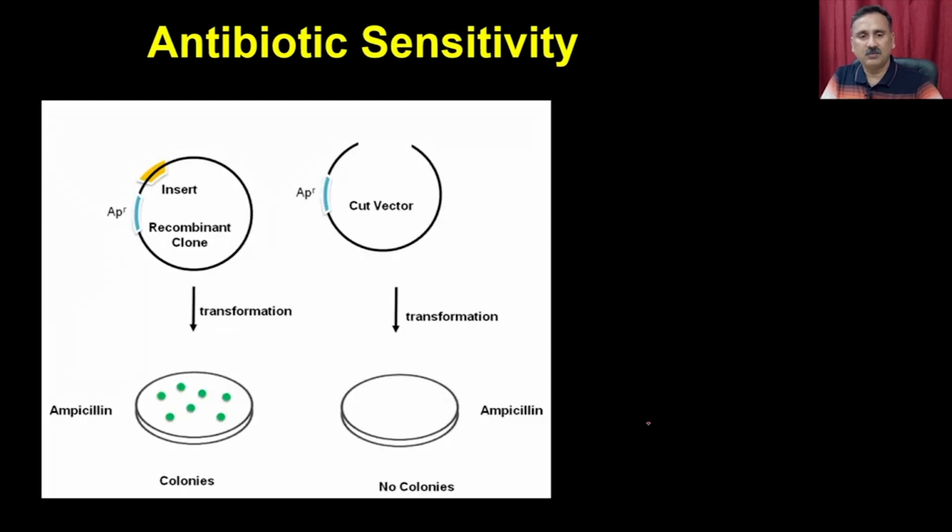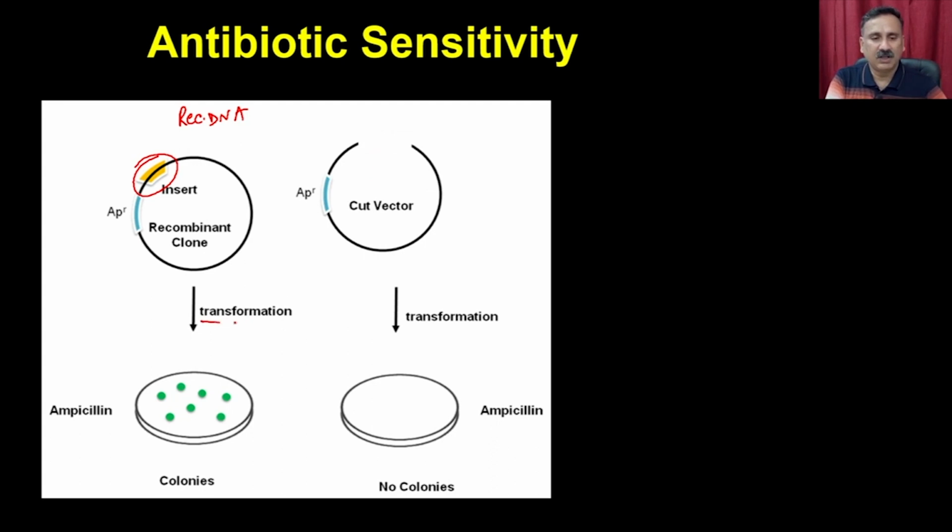So what we are going to do in this is we are going to have two DNA species. One is the recombinant clone, where you have cloned the DNA into the MCS and it is circularized. Whereas the cut vector is not circular DNA.